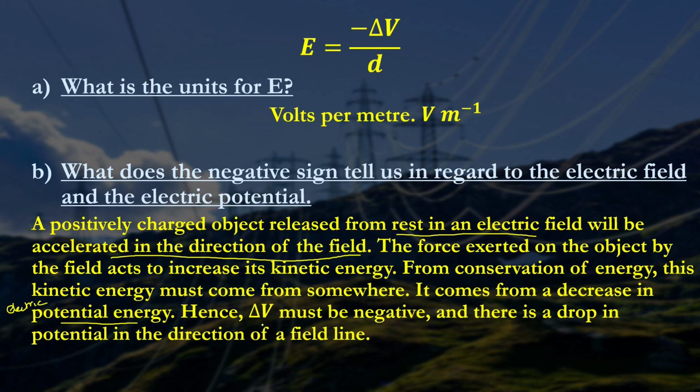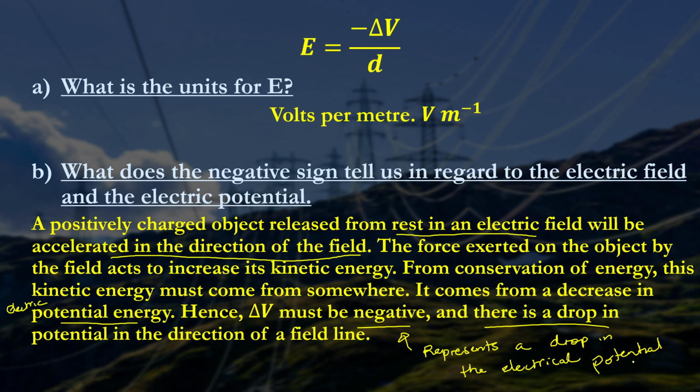Hence, delta V is negative, okay, because that represents a drop in potential energy. So this negative represents a drop in the electrical potential energy.